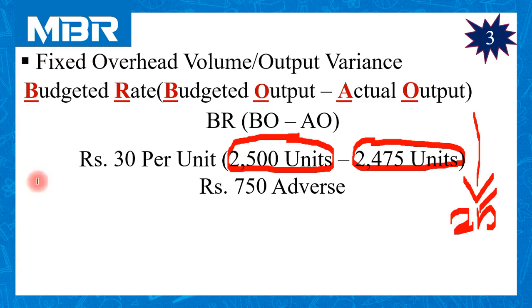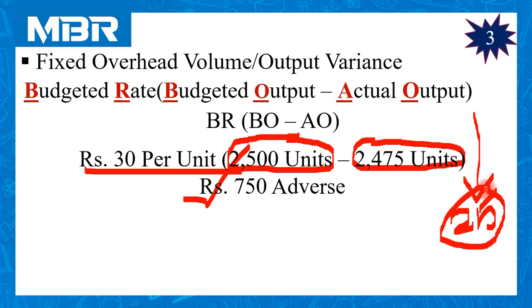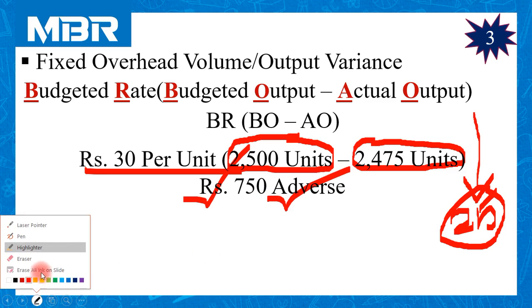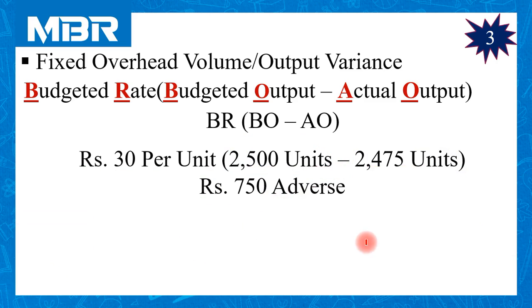So 25 units multiplied by 30 rupees equals 750. And here actual production is decreased by 25 units. So when production decreases, it is a negative sign for the progress of business, and that is why we need to add the suffix of adverse over here. So the result is 750 adverse.